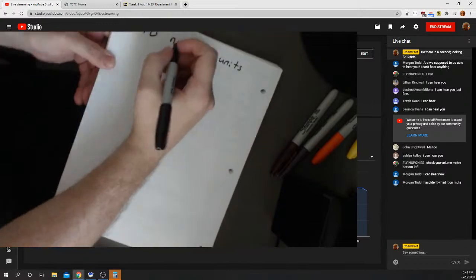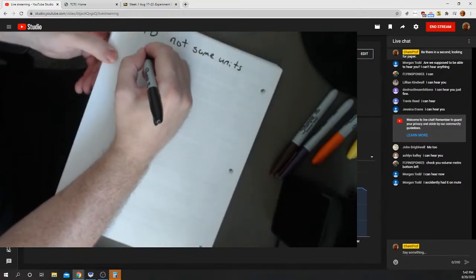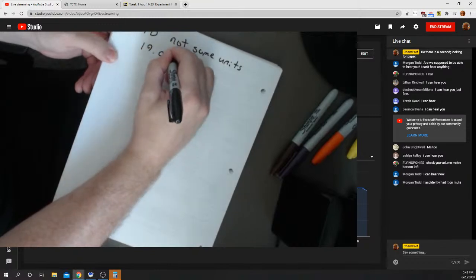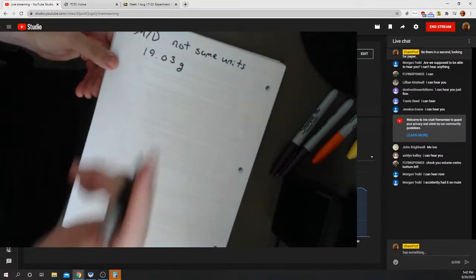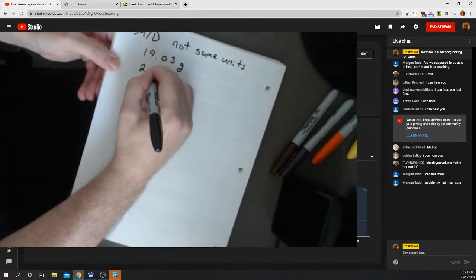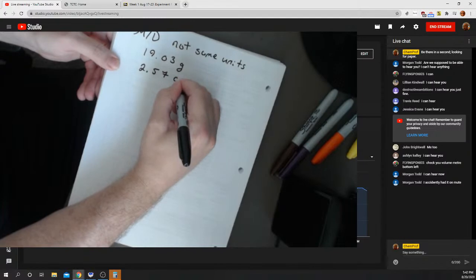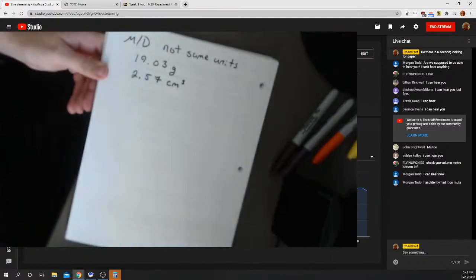So, let's say you weigh something and you find that it weighs 19.03 grams, and you measure the volume of the thing and you find it is 2.57 cubic centimeters. Okay.